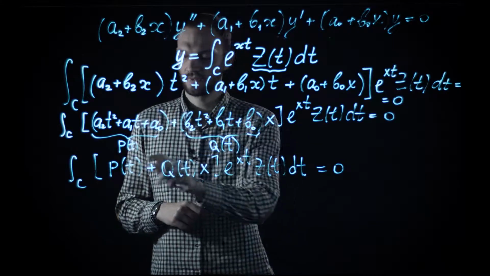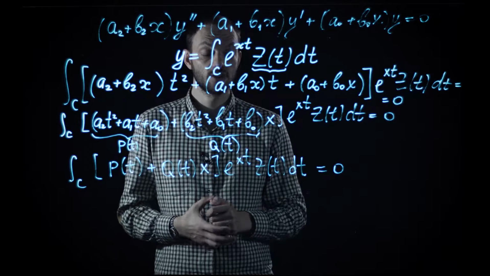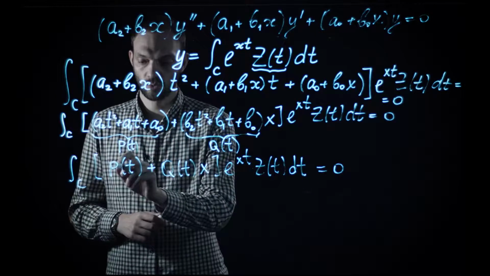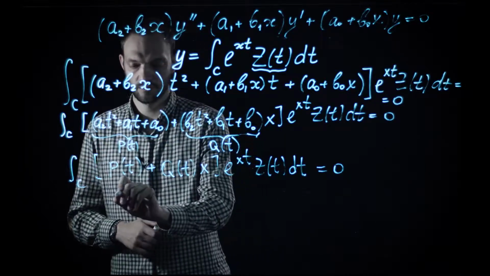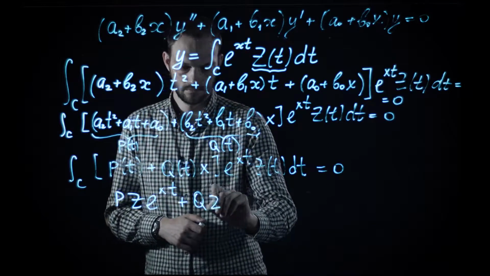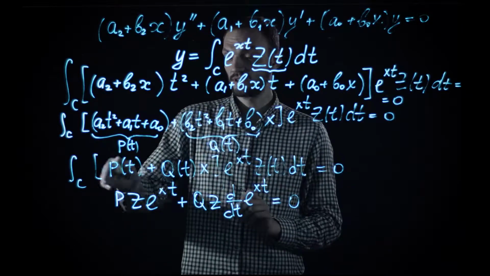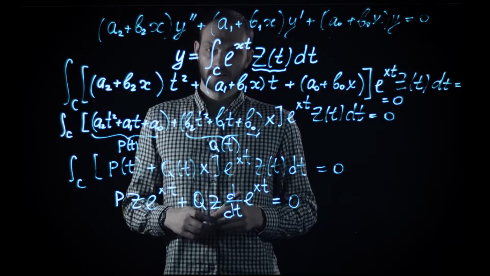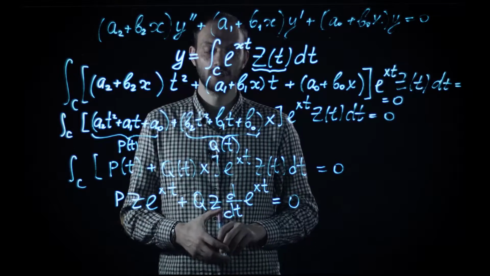In fact, this equation, which looks like an integral equation, can be reduced to a differential equation for z. In order to achieve that, note that the expression in the integrand can be written in the following form. As this expression stands inside the integration, it's quite natural to require it to be a full derivative.